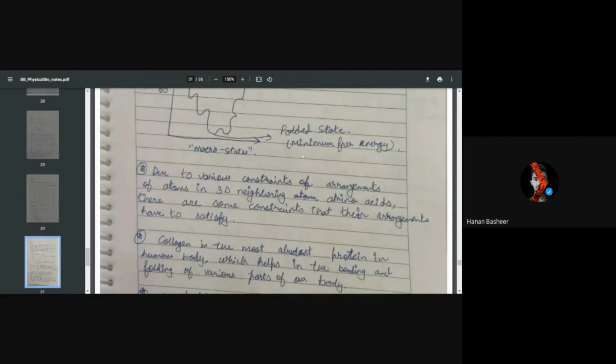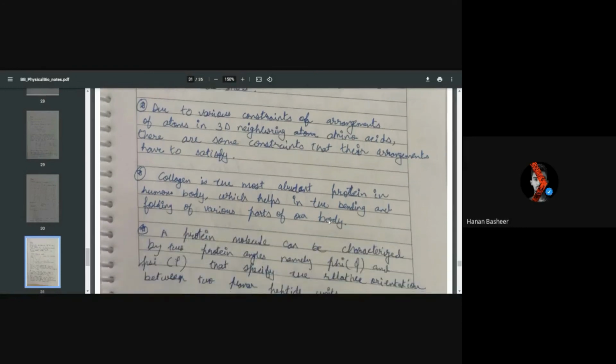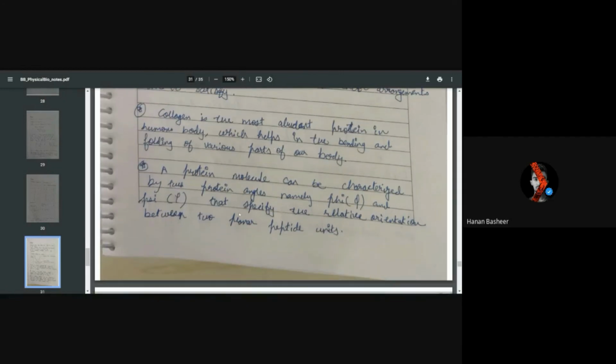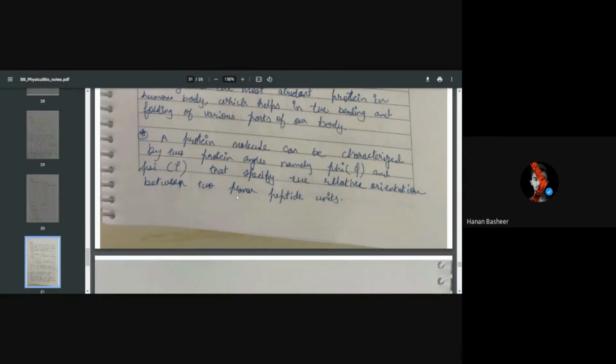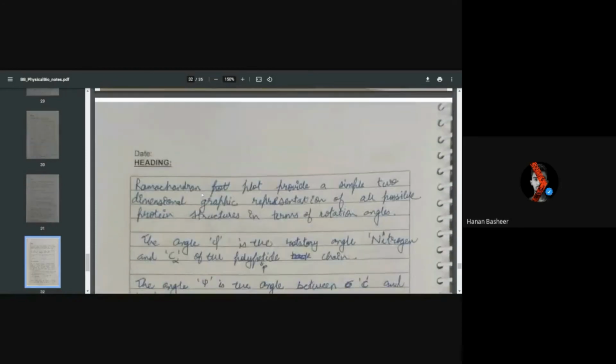And due to various constraints on the arrangement of atoms in 3D, neighboring atoms like amino acids have some constraints that their arrangement has to satisfy. Collagen is the most abundant protein in the human body, which helps in the bending and folding of various parts of the body. A protein molecule can be characterized by two protein angles, phi and psi, that specify the true relative orientation between the planar peptide units.